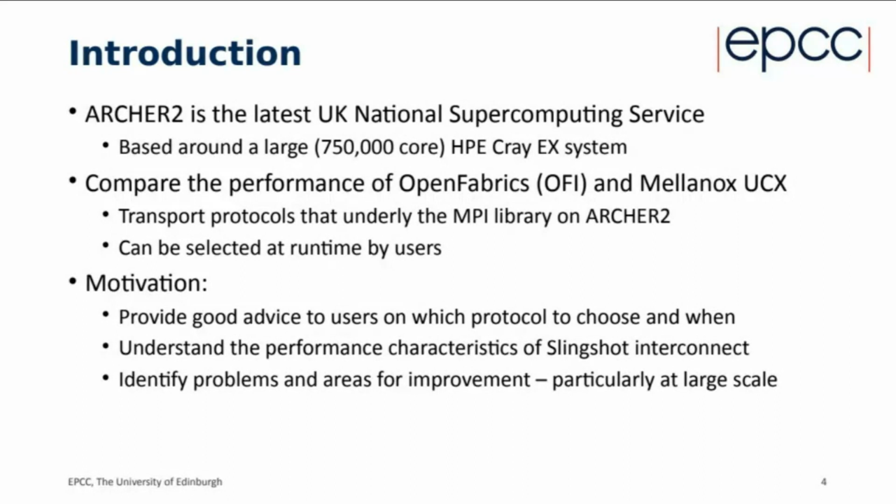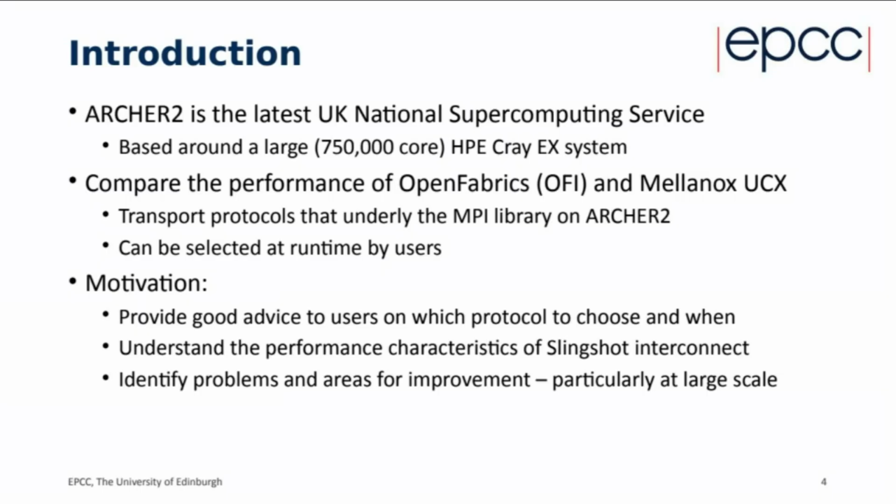And maybe also understand some of the performance characteristics of the Slingshot interconnect, which is the fabric that links together all the compute nodes and allows MPI communications to happen on the system, because it's a new technology underlying some of the largest systems in the world that has not had huge amounts of exposure yet. And also maybe identify some problem areas for improvement, particularly for large scale MPI calculations.